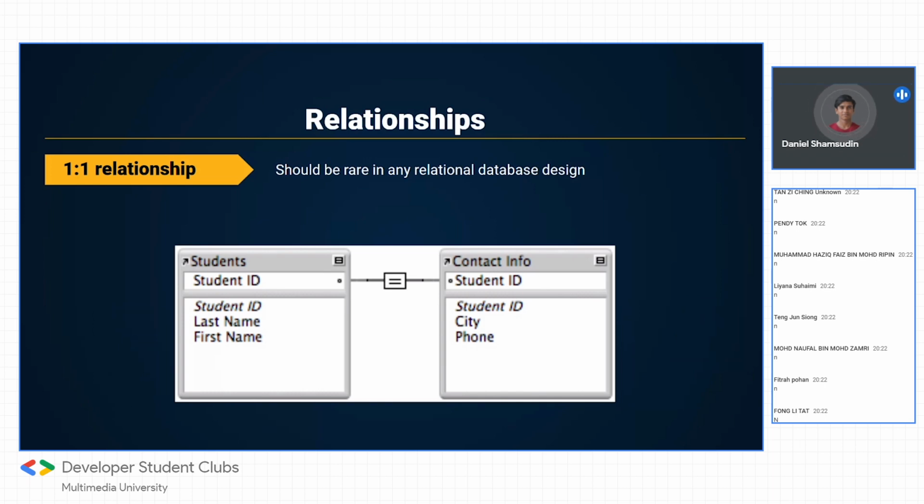So there can be one student with one contact info, and the other way around: one contact info can belong to only one student. Also, it's not logical to have many contact infos belong to one student. But as I mentioned previously, it all depends on your business logic.